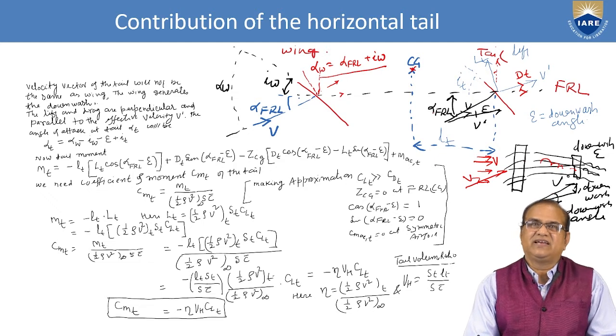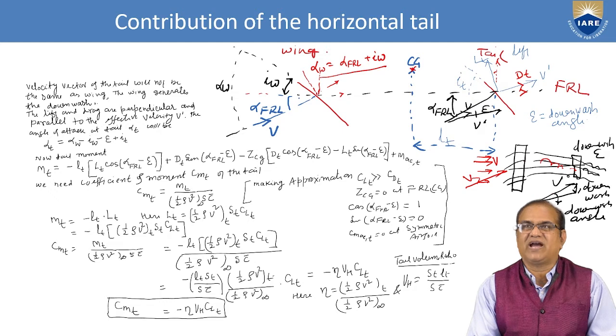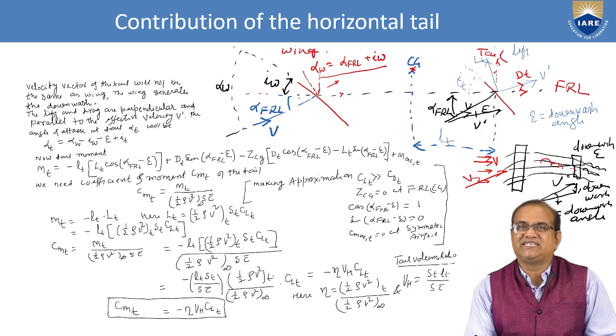Here we will see that the angle of attack at the tail, alpha T, will be as follows. Alpha W minus IW is alpha FRL. So this is alpha FRL minus epsilon. We have to subtract this epsilon and add this IT.